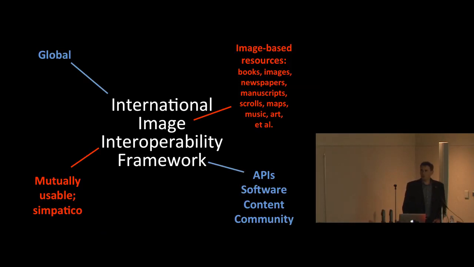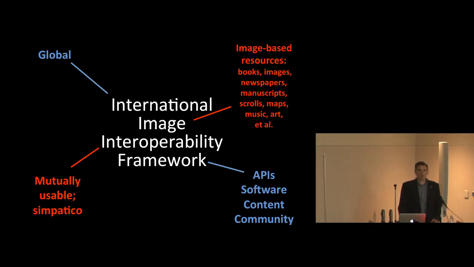When we speak about IIIF, what do we mean? If we break down the definition, international means global. Image relates to image-based resources, not just pictures, but any information resource that uses images as a primary information carrier. So books, images, manuscripts, newspapers, maps, musical scores, and more.